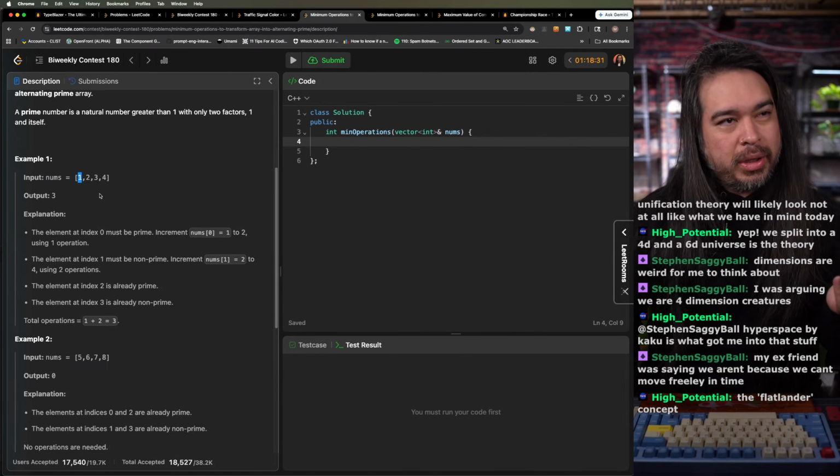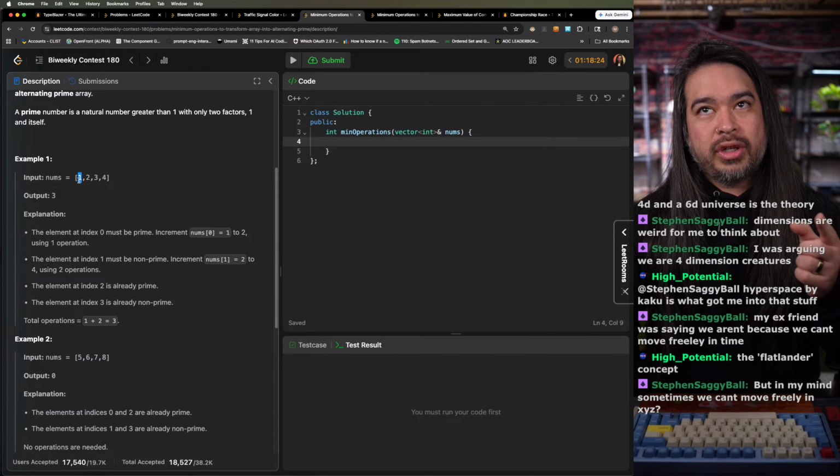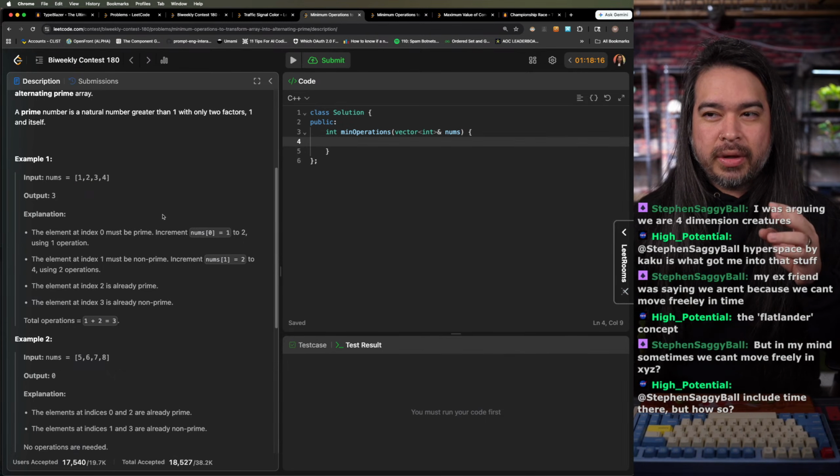If we do a lower bound, then we just need to check. Or if we do an upper bound, yeah, we do an upper bound binary search on all of our prime numbers.